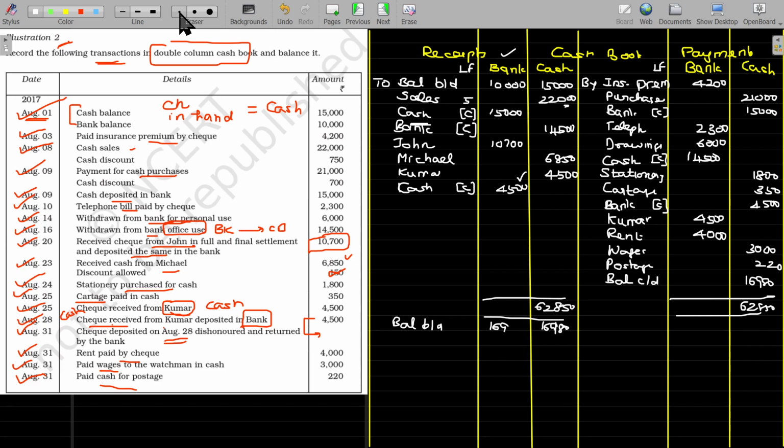Okay. Now similarly in case of bank, is there anything omitted? The bank shows, is it tallying?